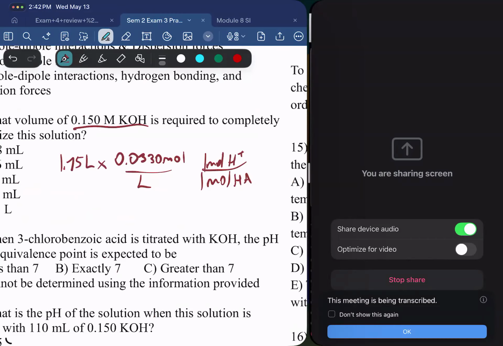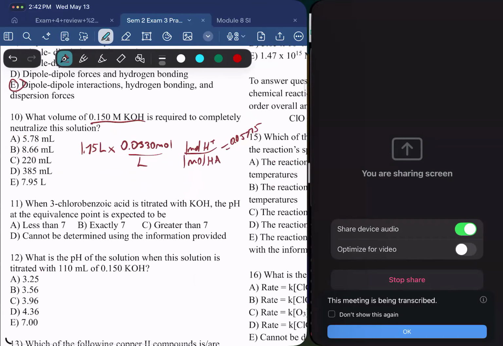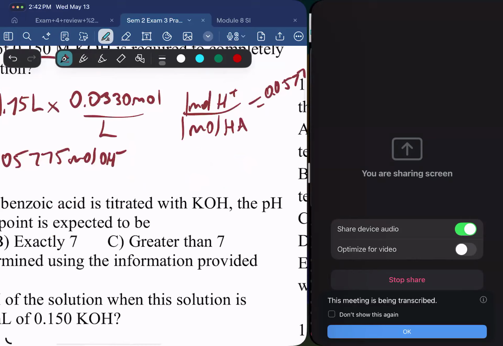So let's do that. 1.75 times 0.033, and we get some value of 0.05775. And that's moles of H plus. That's also the moles of OH minus, right? And for every 1 mole of OH minus, we have 1 mole of KOH.